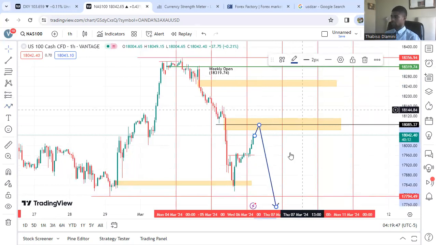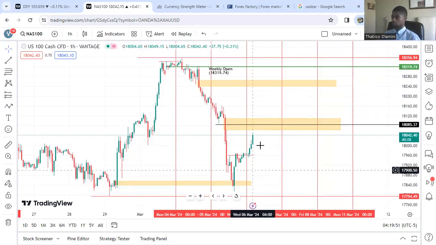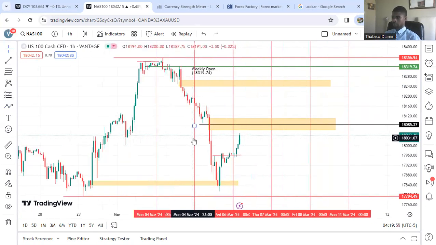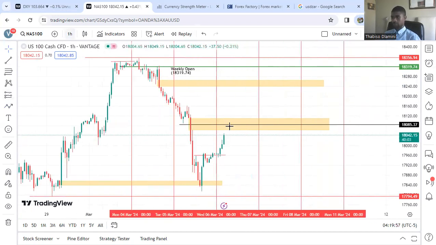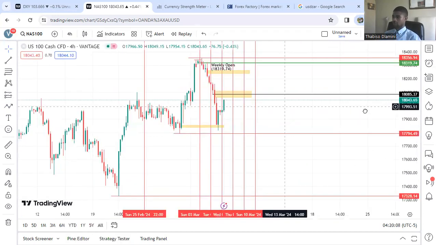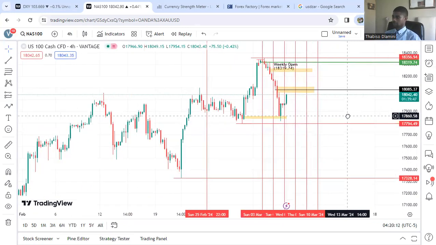So price is really going to determine and tell us what is going to be happening. But right now, the narrative for me, point of interest is there, but I'm really looking to test that weekly open. And since it's NFP, I like looking at the 4-hour, because the 4-hour tells me much more detail.